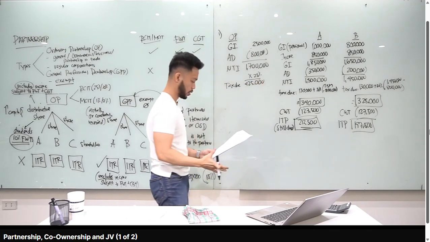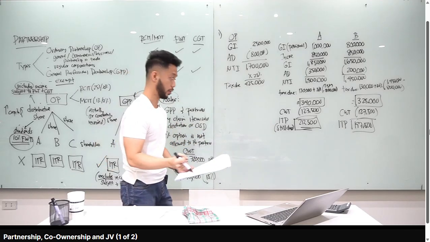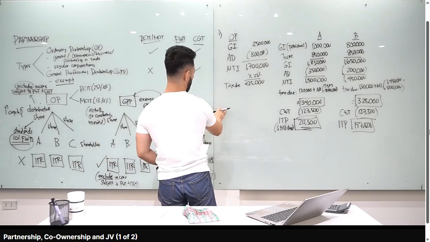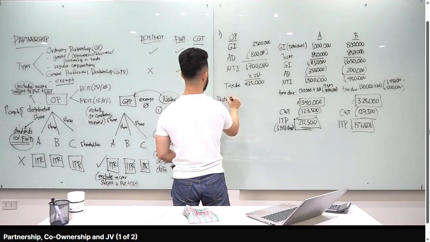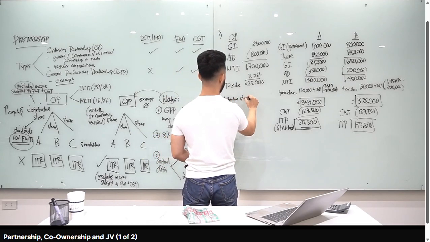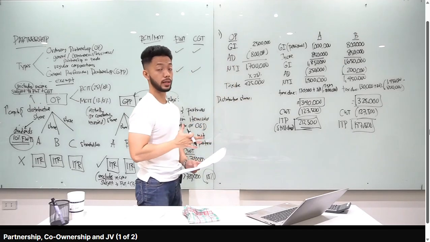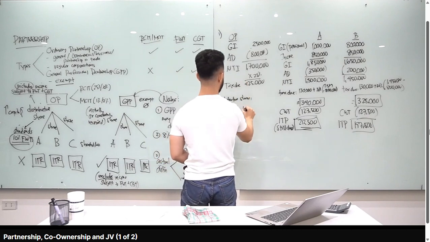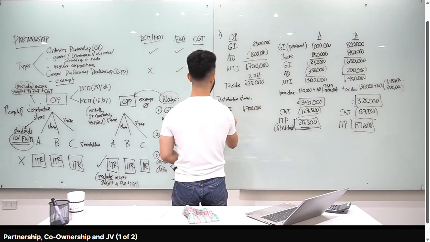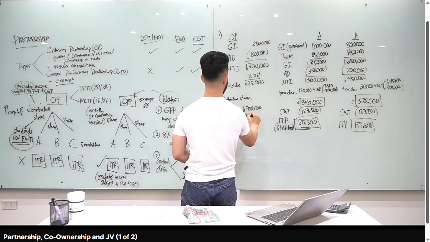So pinapahanap sa ating class is distributive share of each partner. Now, ang gagawin natin dyan, ito yung net taxable income natin. So paano natin sir kukumputin yung distributive share? Again, pag sinabing distributive share, ang isipin mo lang, yan yung income to be allocated to the partners. So meron ka net taxable income, okay, 1.7 million, and then minus yung tax, na 425, ito yung distributive share natin.